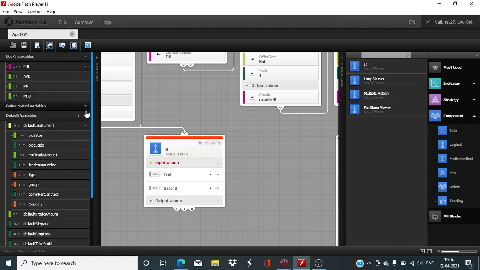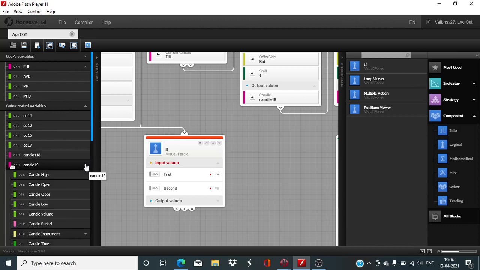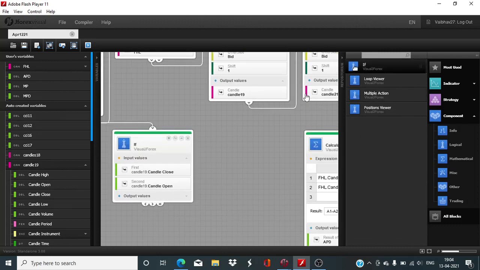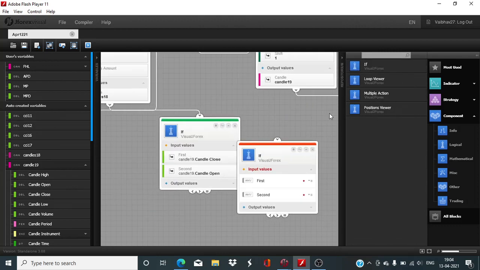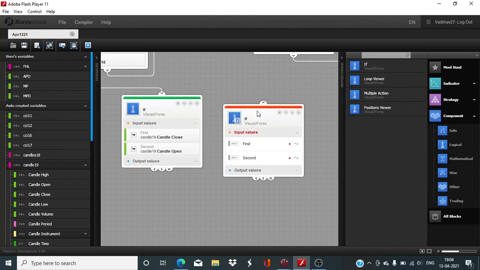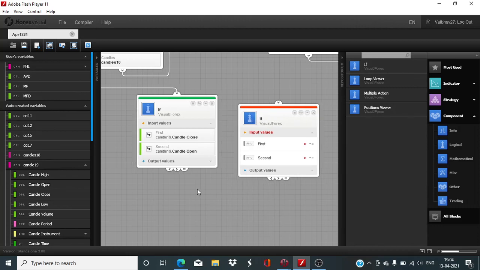For that, we will see that this closing value is greater than opening value. First input greater than second input.